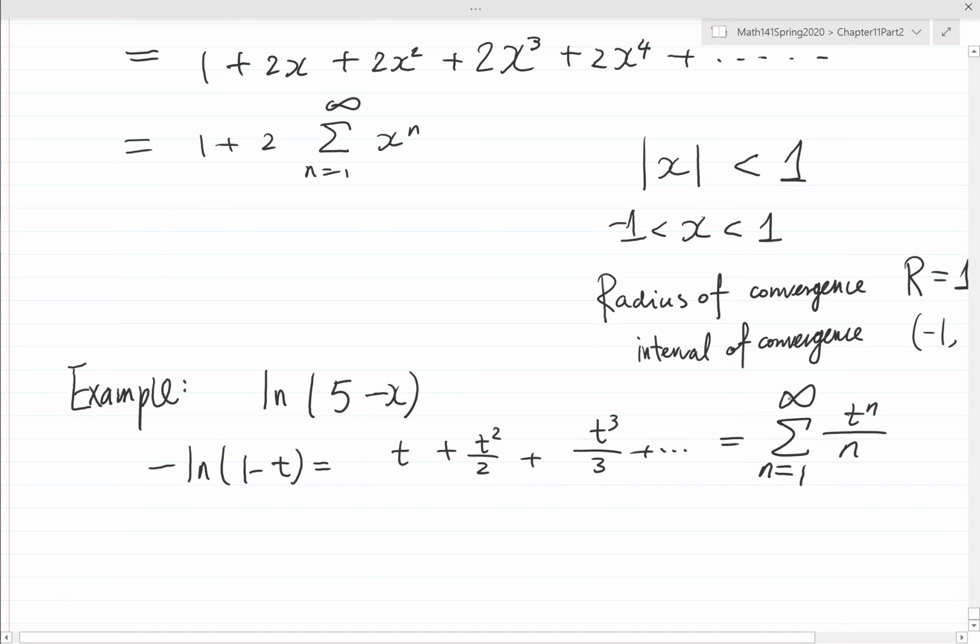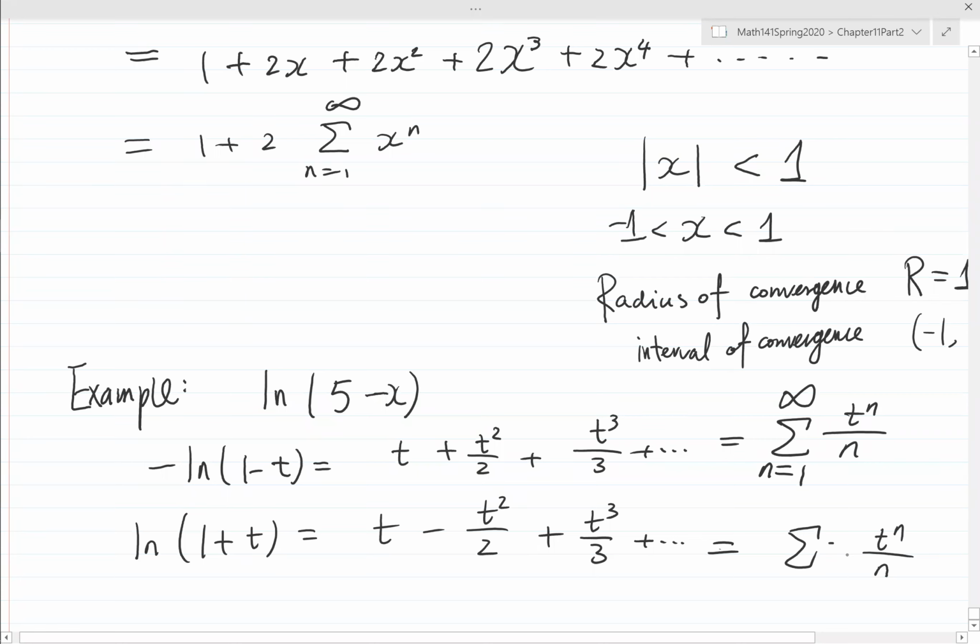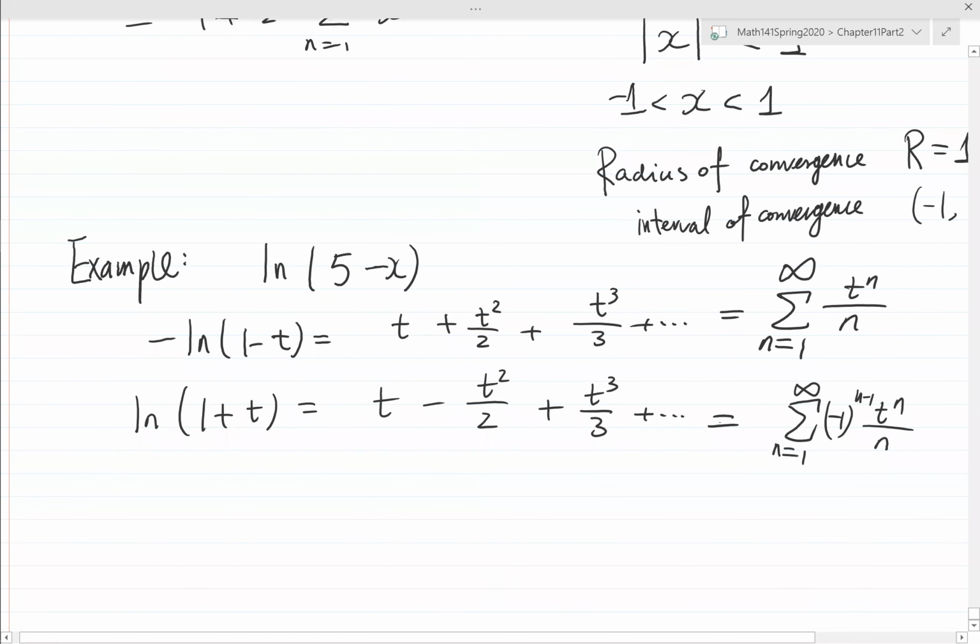Or we have ln(1 plus t), which is t minus t squared over 2 plus t cubed over 3, etc. So this is the alternating sum, negative 1 to the power n minus 1, t to the power n over n, n from 1 to infinity.